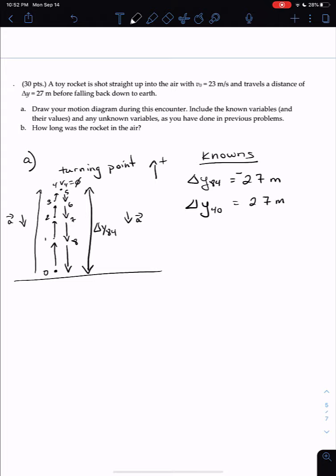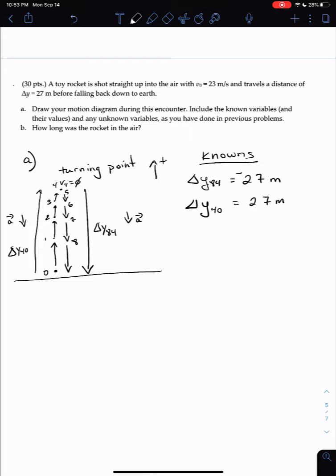So when it goes up here, it's traveling one distance, and it travels the same coming down. And so we're going to mark them as positive and negative. So when it's traveling upwards, it's traveling a positive distance, and when it's falling back down, it's traveling a negative distance, and that's solely because of how we picked our positive direction.